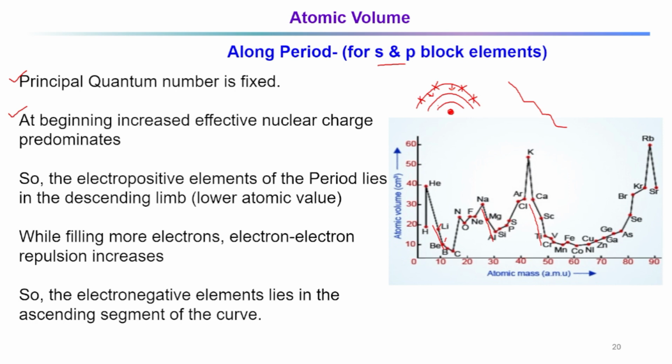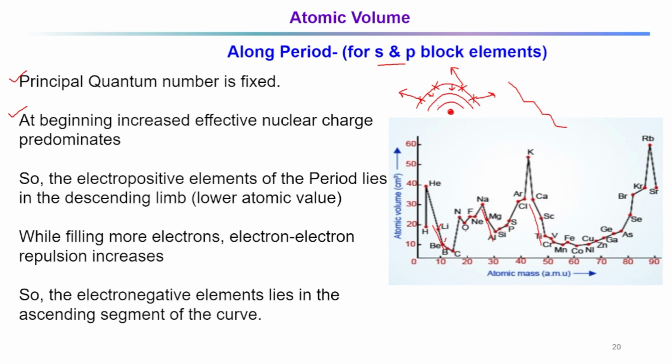So now this component is less and this component is more. These electrons will try to go away from each other. So because of that, the orbital size will increase, or you can say this electron-electron repulsion will increase. So the electronegative elements lie in the ascending segment of the curve.